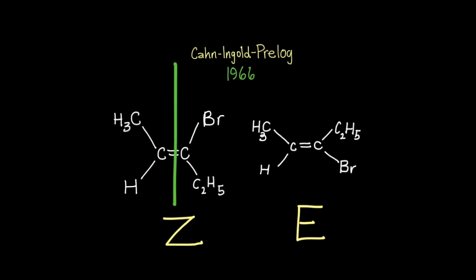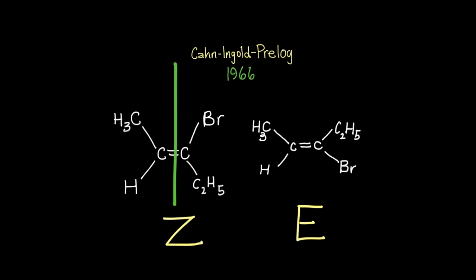Here once again, we should be able to see why this is designated the Z conformation, because on this side of the molecule, Br, being much heavier than C2H5, has a higher priority, and on this side, CH3 has the higher priority compared to H, with the two higher priority groups located on this side of the molecule.